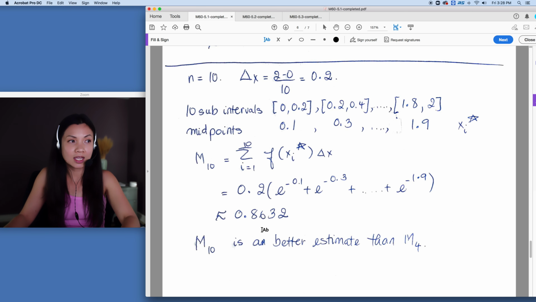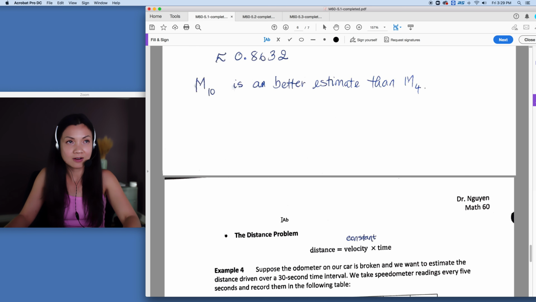Once again, I'm using the calculator to get this one. You can see that M10, of course, has to be a better estimate than M4. And of course, if you do 100 subintervals, it's going to be better, and 1,000 subintervals is going to be better.